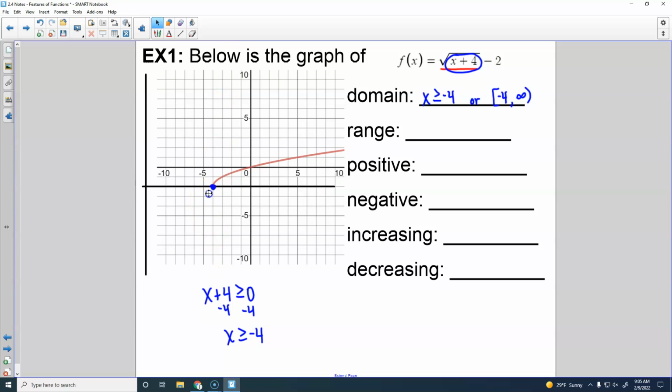So, for this, -2 is my very lowest value. With interval notation, I would say -2, and I would use a bracket because we do include that point, and it would go up to infinity. Or I could say y is greater than or equal to -2.